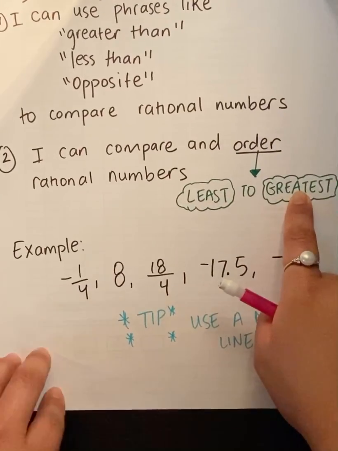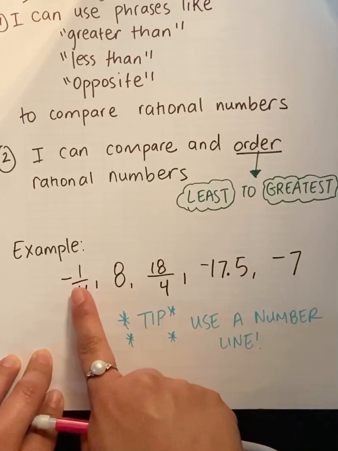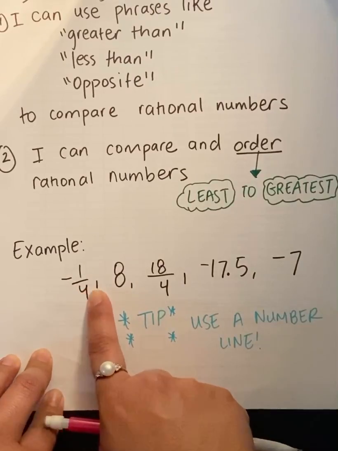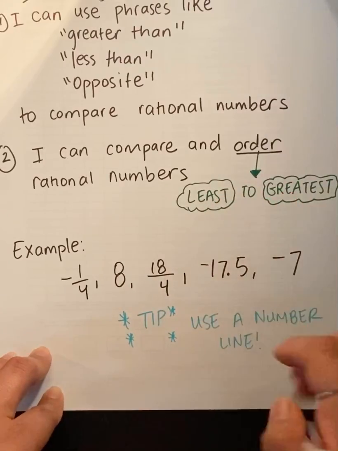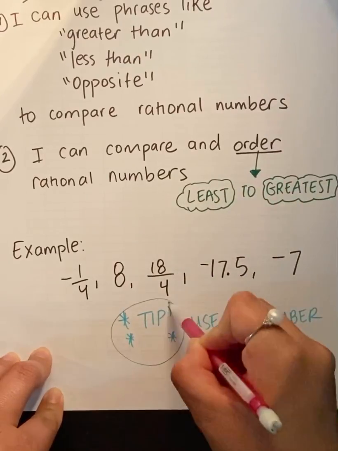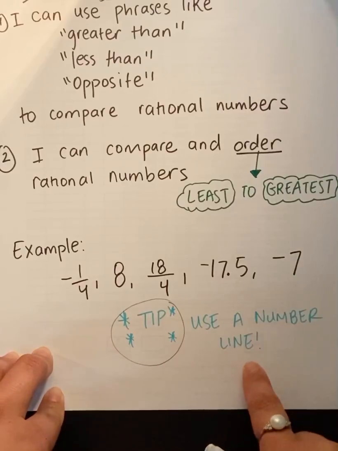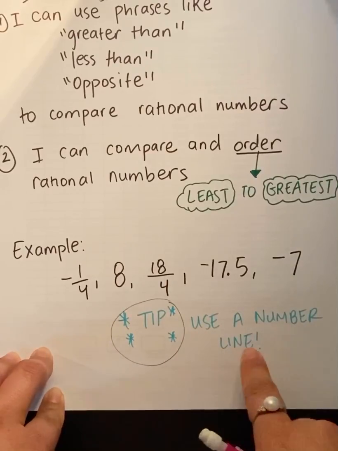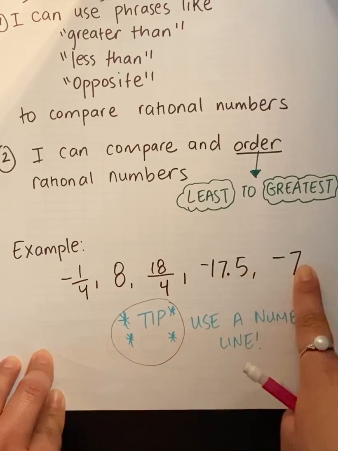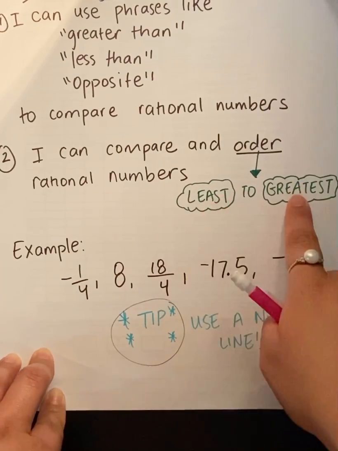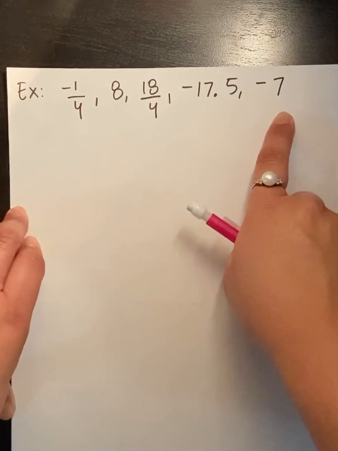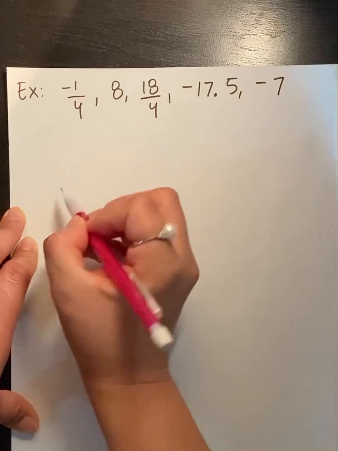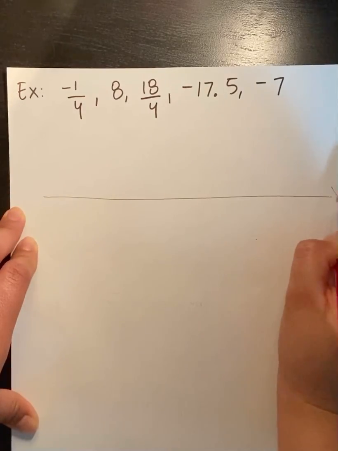An example is if I told you to order these rational numbers from least to greatest. And today we learned the tip of always using a number line to help us get all of our numbers organized from least to greatest. So, if I had this as a problem, I can draw my number line.